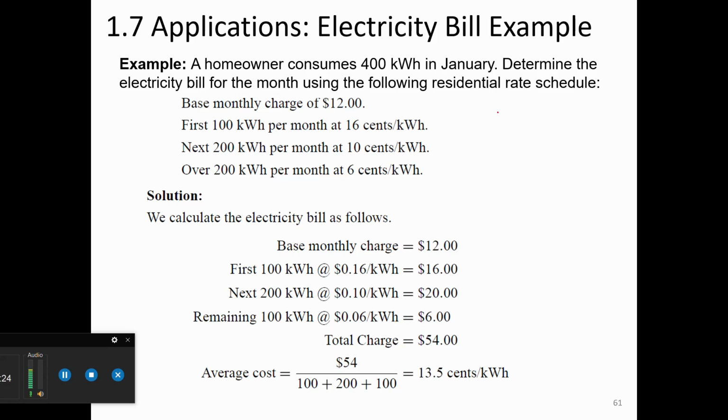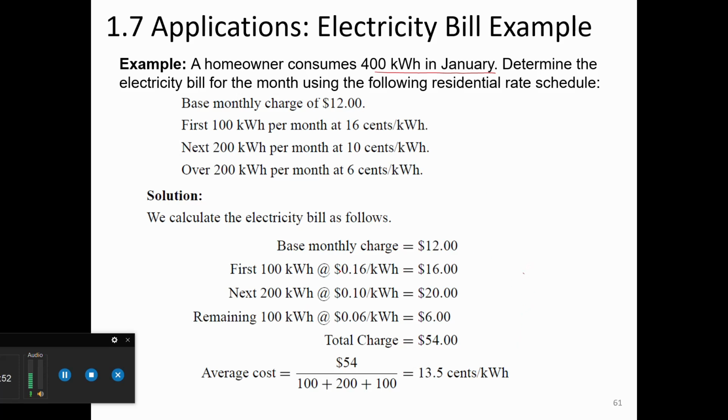So a homeowner consumes 400 kilowatt hours in January. Determine the electricity bill for the month using the following residential rate schedule. Base monthly charges are $12. First 100 kilowatt hours per month at 16 cents per kilowatt hour. Next 200 kilowatt hours per month at 10 cents, and so on.